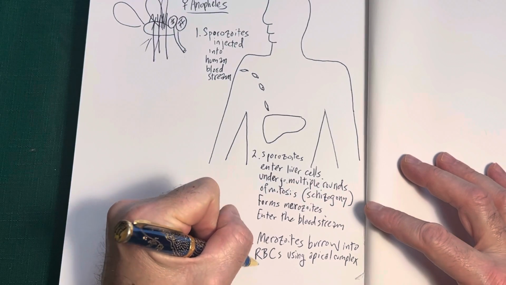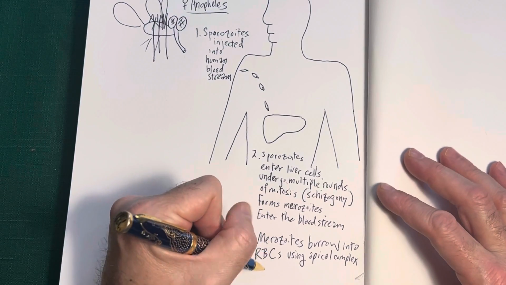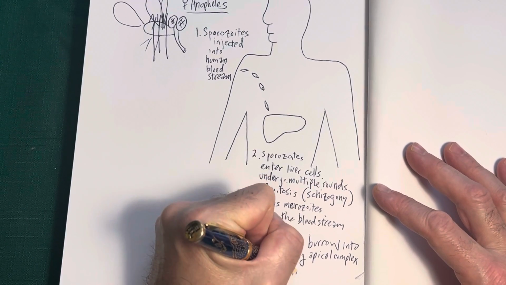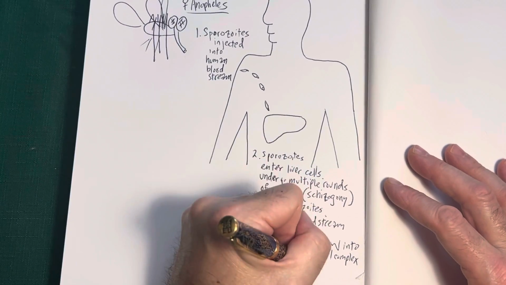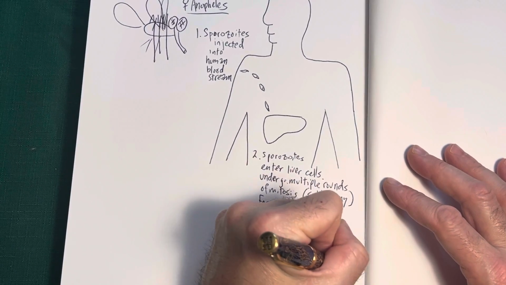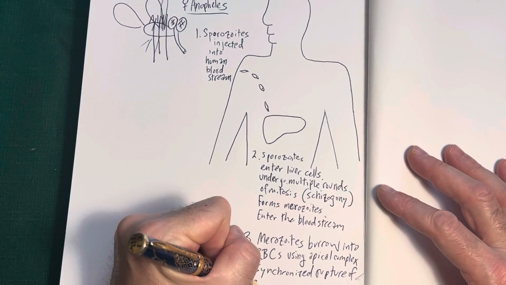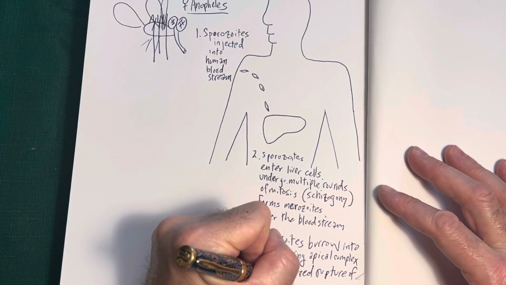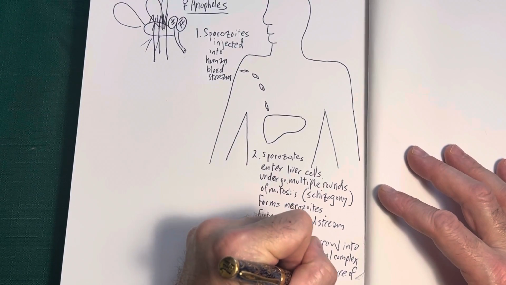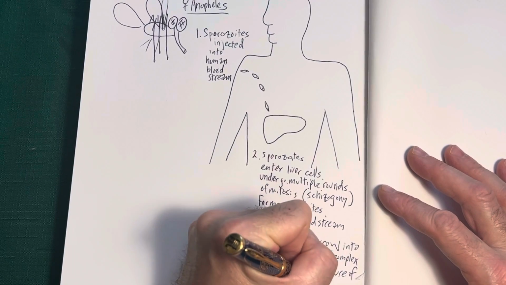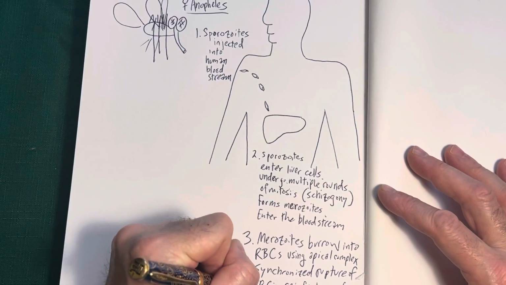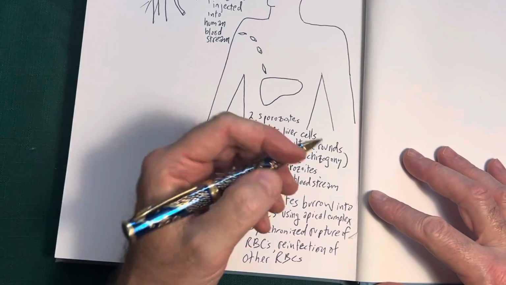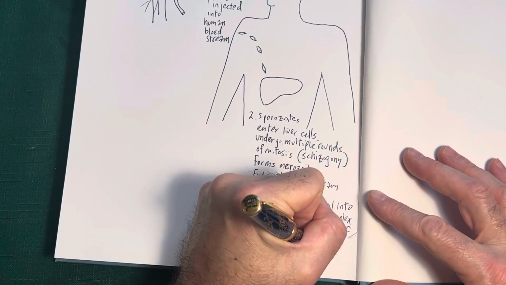While they're doing that, there is a synchronized rupture of the red blood cells, which leads to reinfection of other RBCs, as well as liver cells.